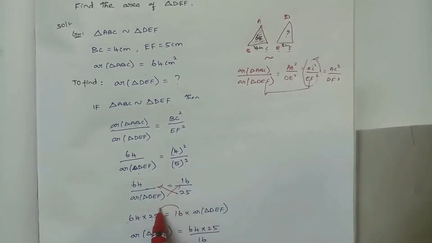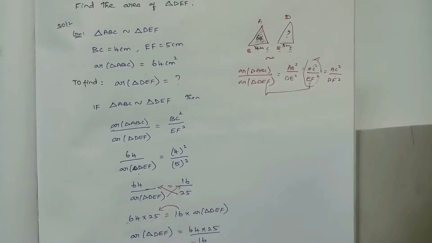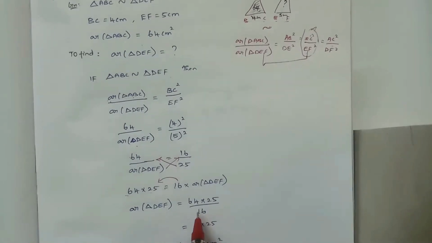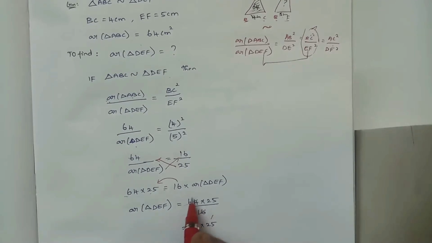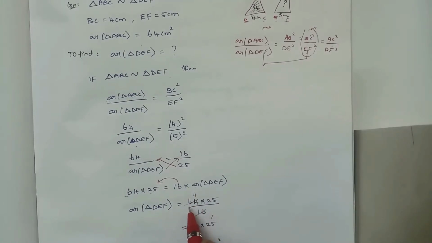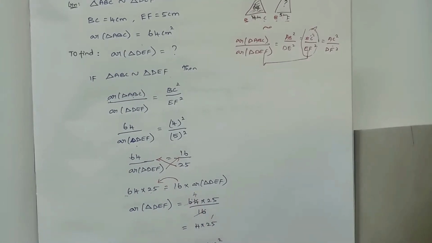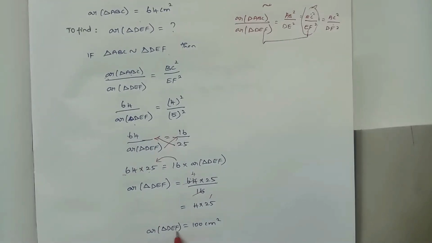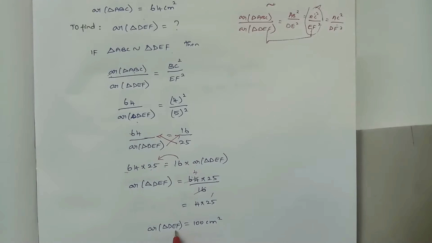Taking the 16 to the LHS, multiply will become divide. So 64 into 25 divided by 16. Simplify: 4 times 16 is 64, and 4 into 25 is 100. Therefore area of triangle DEF is equal to 100 centimeter square.